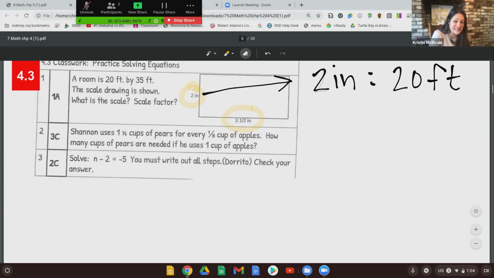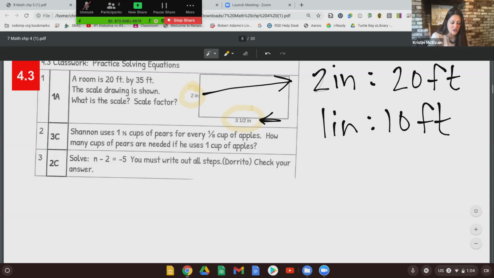Well, we have a scale of 1 inch to 10 feet. And we can look at this other one and say, if it's 3.5 to 35, then is 1 inch going to be to 10 feet? And yes, it will be. So that is our scale. That is the first part of our question: 1 inch to 10 feet.